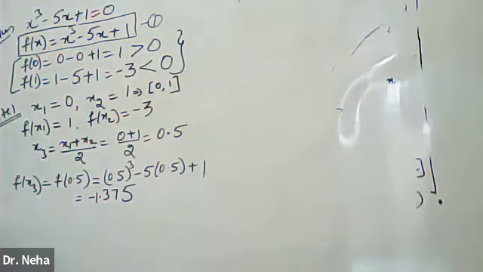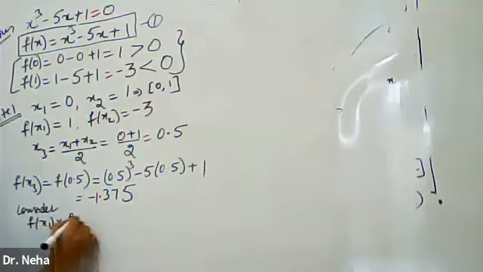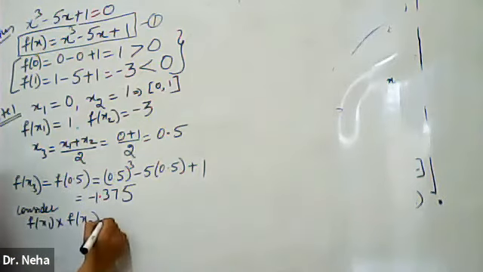Now understand the next step very carefully. Look at the screen only. You can write it later. Now consider, it is a very important step. Consider fx1 multiplied with fx3. We have to multiply fx1 and fx3. Clear? Now see, we don't require the value.